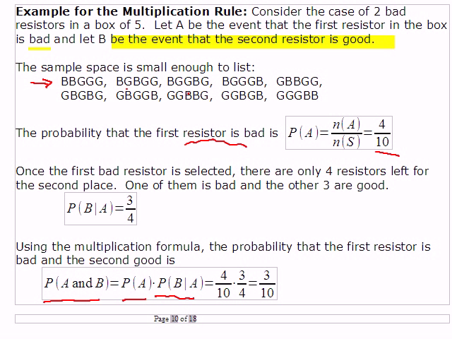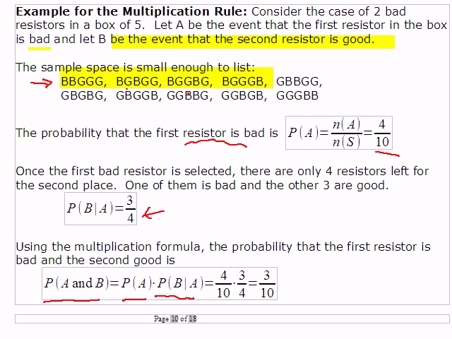Now, once the first bad resistor has been selected, what's the probability the next one is good? If I found the bad resistor to be first, I'm only dealing with this group right here. There's only 4 in that sample space, so the sample space is now contracted. That's why there's a 4 down here. And how many of these events have a good resistor second? There's 3 of those, so it's 3/4.